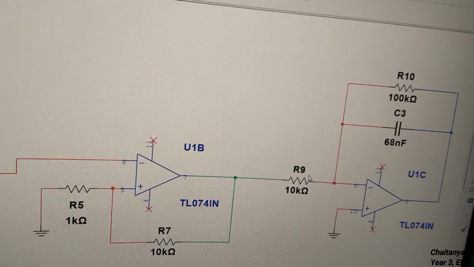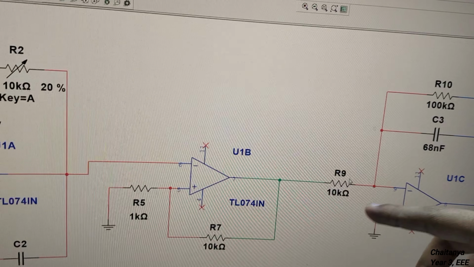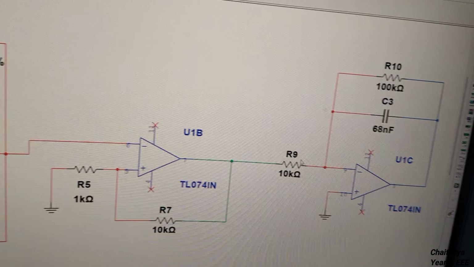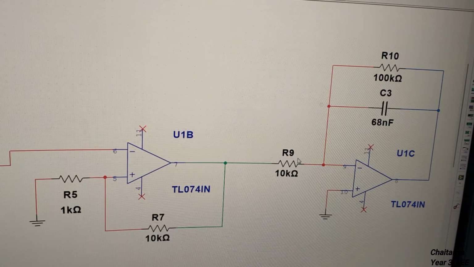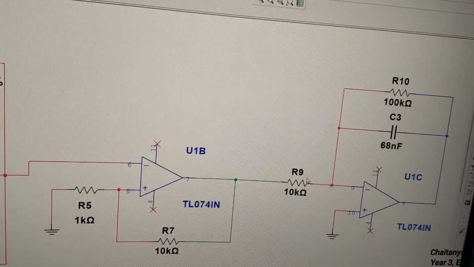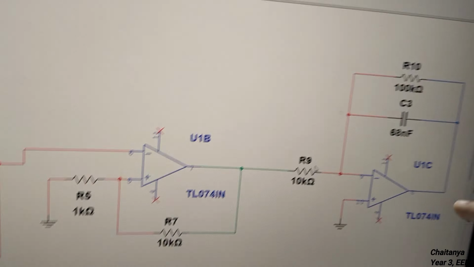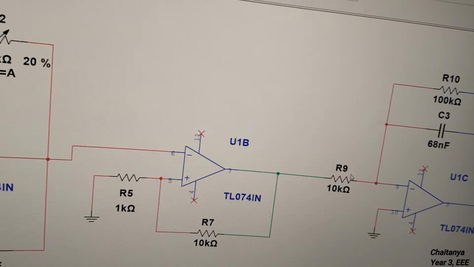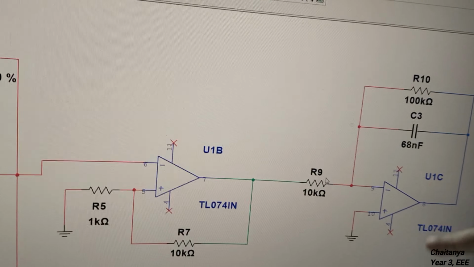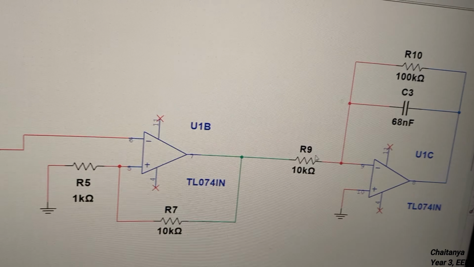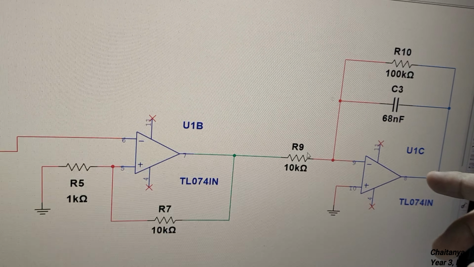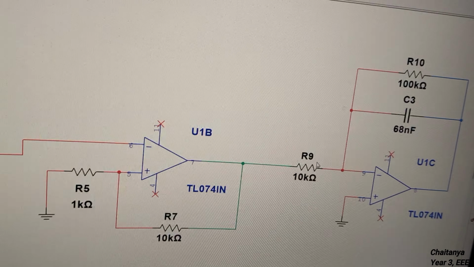One important thing is, in an ideal integrator you just have a series R and a feedback C. But for practical purposes, in what we call the practical integrator, we need to put a higher value resistor in parallel with that C. That is because as soon as there's a DC offset, and DC offsets are not good, the op amp is going to latch onto that, and your output is going to saturate to one of the rails, most likely plus VCC, and then you're not going to get any triangle wave output.